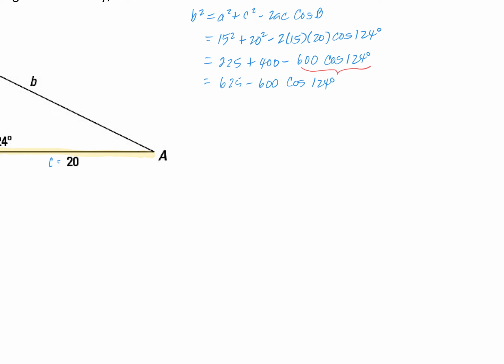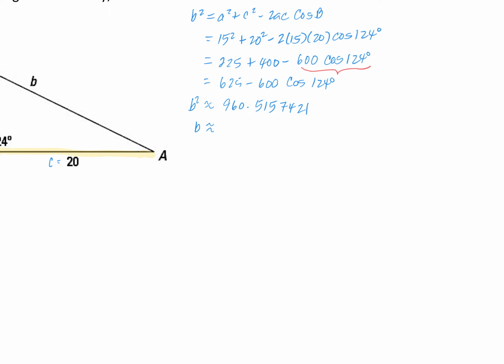At this point, I would go ahead and put this whole thing in a calculator, and I could have done it sooner. I just wanted to point out order of operations and just be careful. When I put this in the calculator, I get about 960.5157421. So remember, this was b squared.